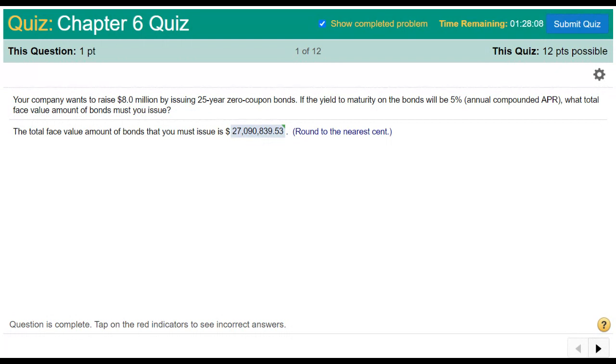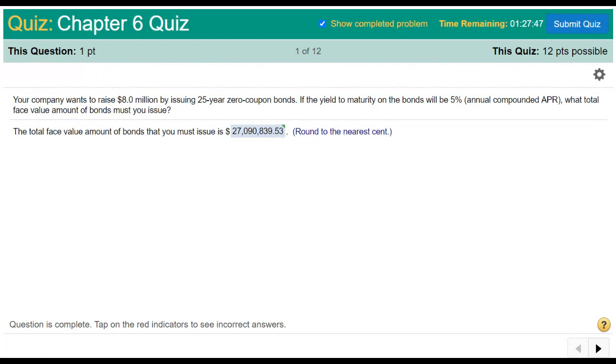We're buying it at a discount, which is this amount, and future value is going to be this. This is the face value, and this is what we're paying. So it's at a discount, right? Face is greater than price.